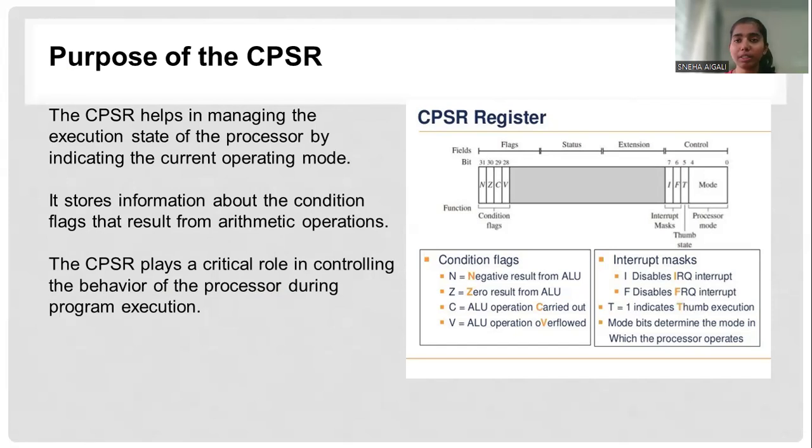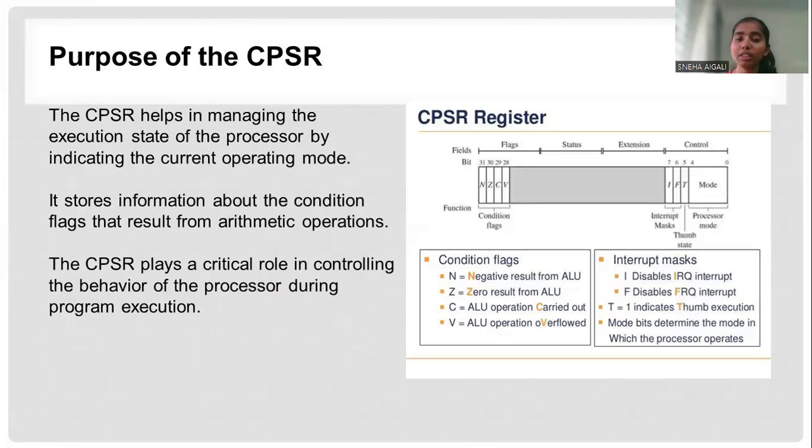during our program execution. Now here we have some of the conditional flags and interrupt masks listed in the figure, where N indicates the negative result from the ALU, that is negative result from the arithmetic operations. Next, Z indicates the zero result from the arithmetic operations as well.